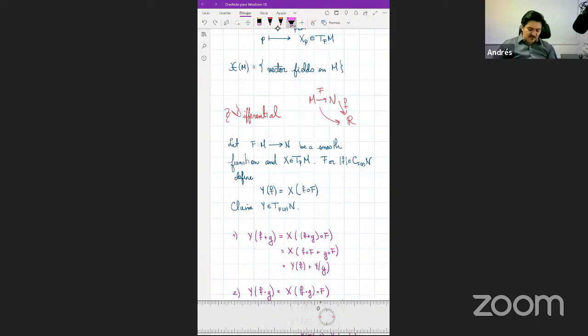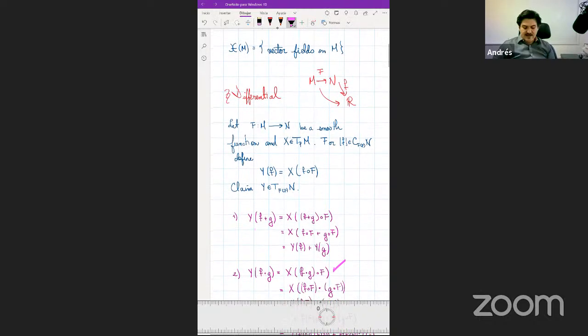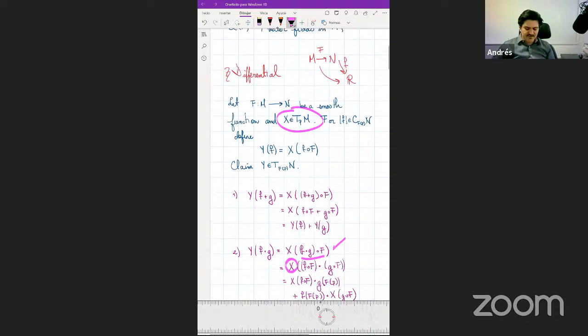So first, we apply the definition. And then again, this will give me the inside part, the product of the compositions. And now we use the fact that X is a derivation, so it satisfies the product rule that goes like this, right?